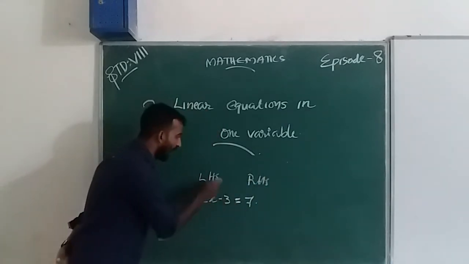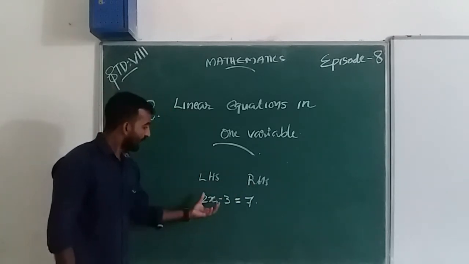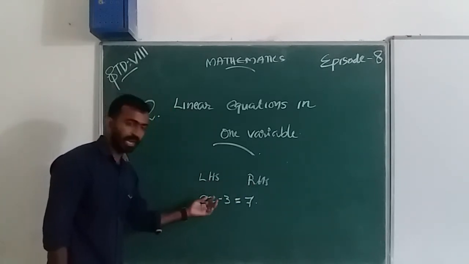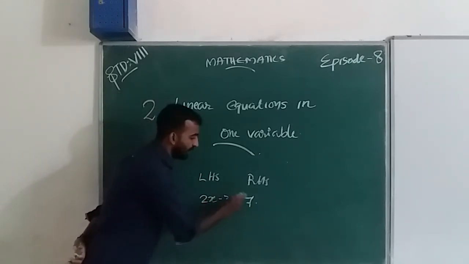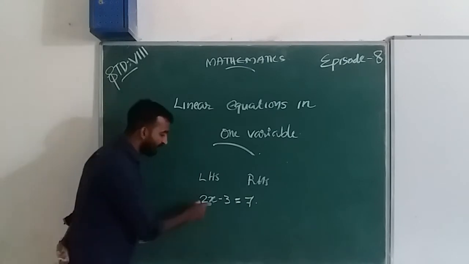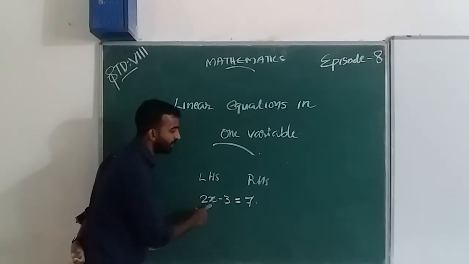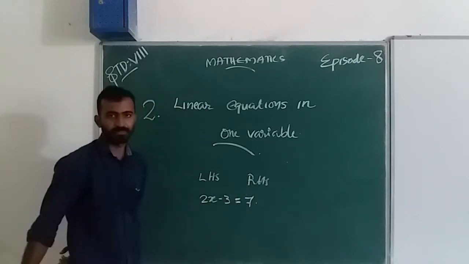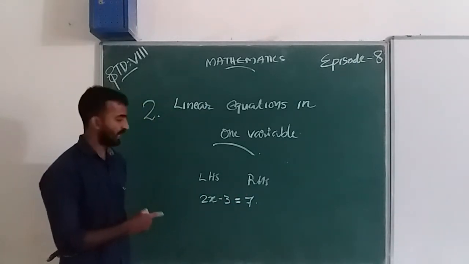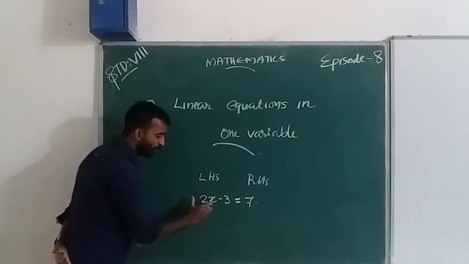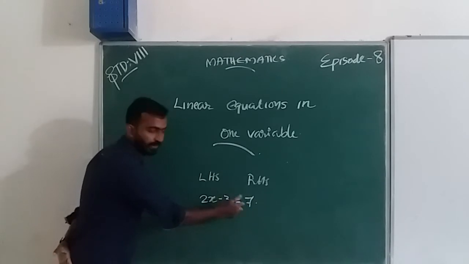This means LHS equal to RHS. When we find the value of x, the LHS should be equal to the RHS, which is 7. Can you follow? Any doubt?